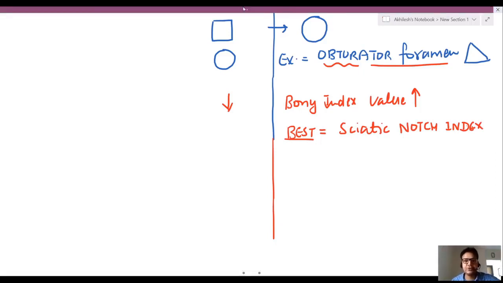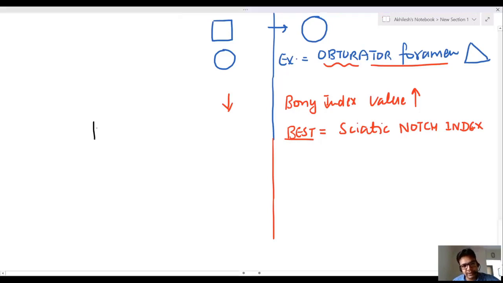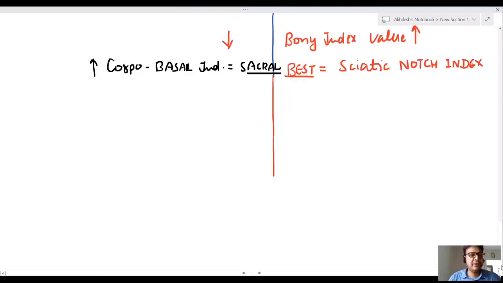But sir, there is an exception. One bony index where value is more in male, that is corpobasal index. Corpobasal index is an index of sacral bone where value is more in male.